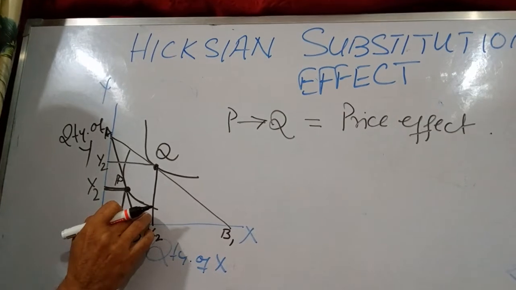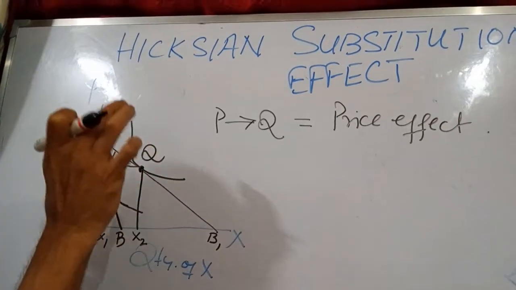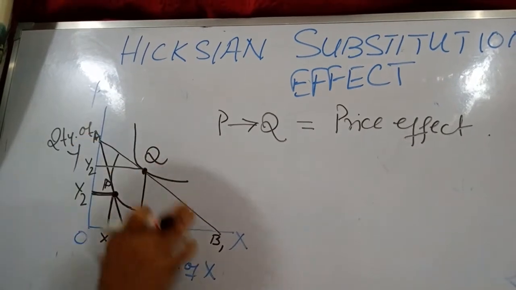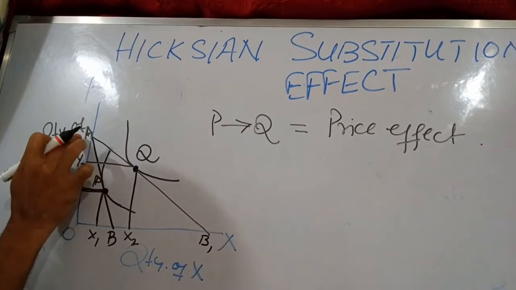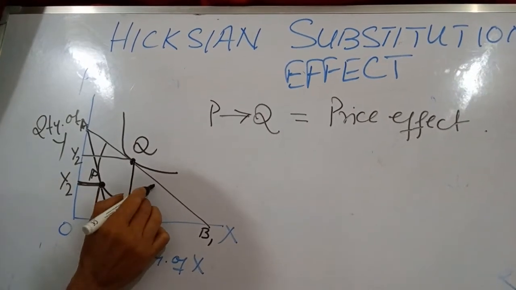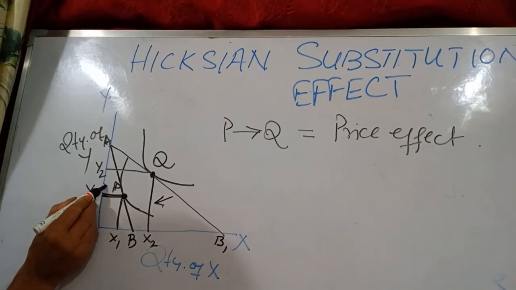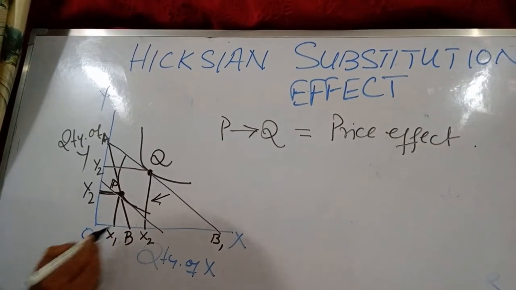So, due to withdrawal of the increased real income, the budget line AB1 will shift parallelly towards left and it will be tangent to the original indifference curve.